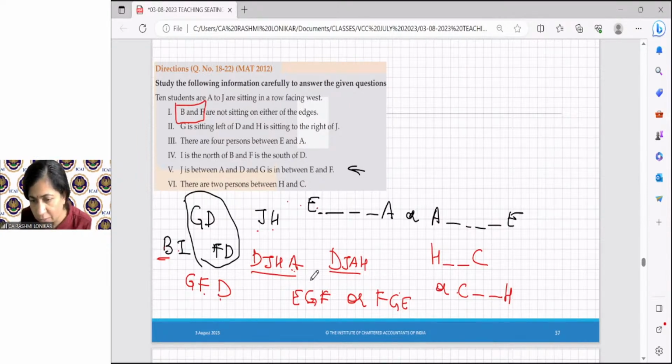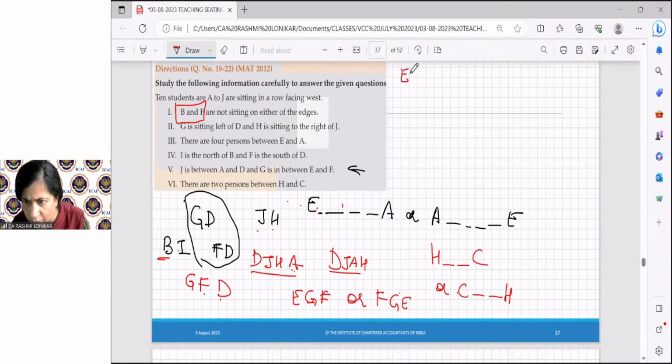So I can have EGF here. But I know there are four places between, 1, 2, 3, 4, and then I have A here. EGF dash dash A. Okay.